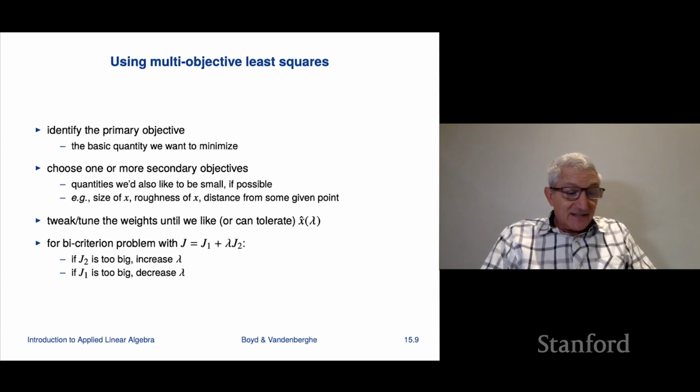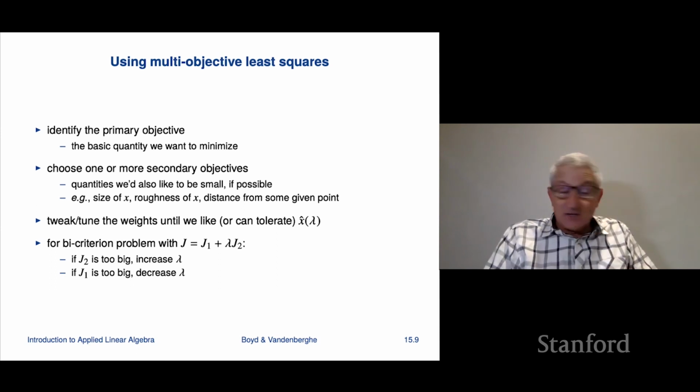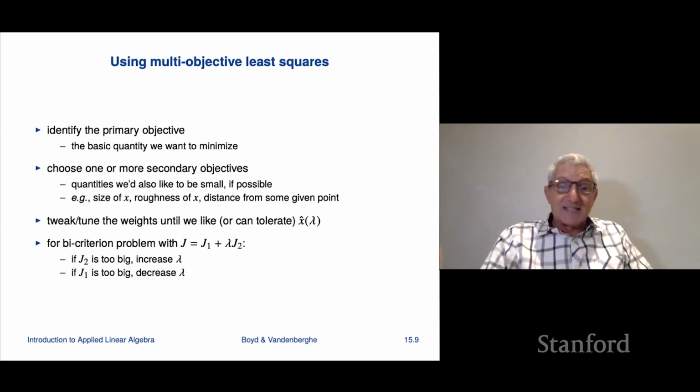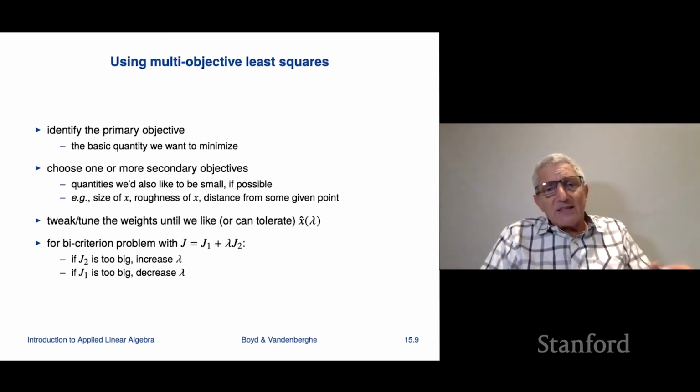So that's the next discussion, so here's how you would use multi-objective least squares. The first thing you do is you identify the primary objective, like the basic quantity you want to minimize. Like you'd say, I don't know, doesn't matter what it is. This is the main thing I would minimize. Then you choose one or more secondary objectives. And these are sort of things like, if possible, could you make this thing small?